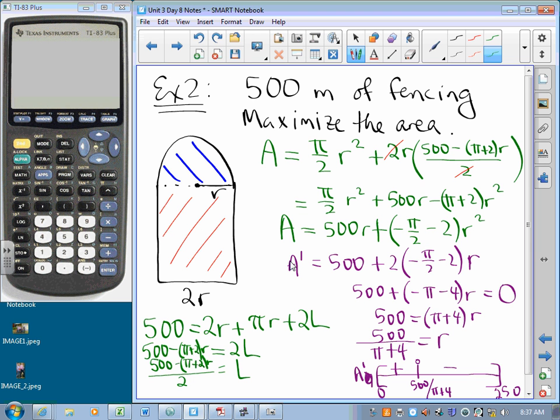Cannot be. So what do we say? We say that the area is maximized when the radius of the semicircle is 500 over pi plus 4.